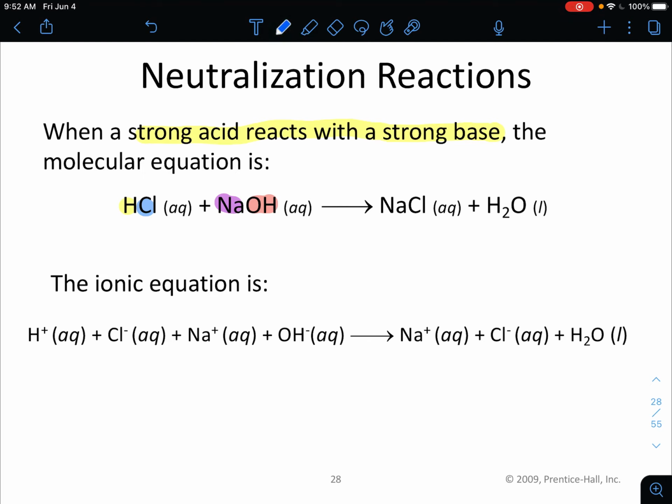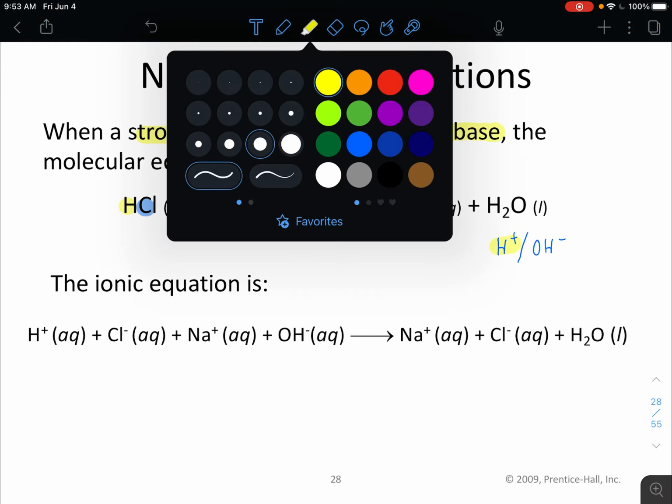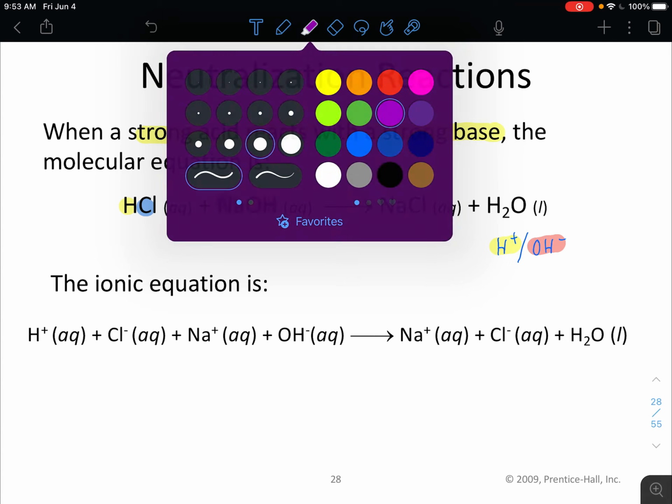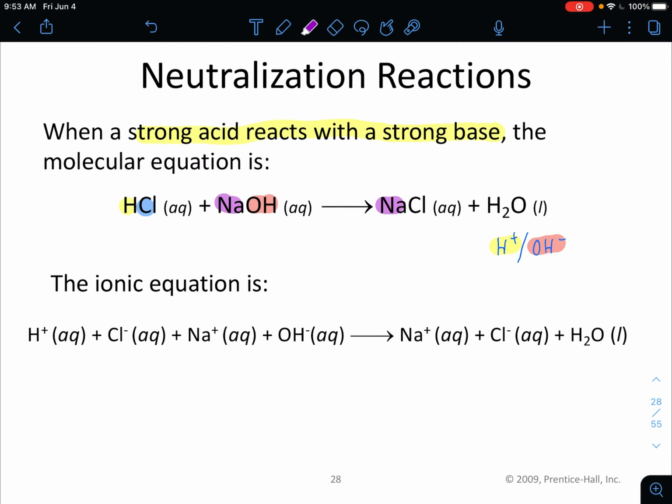When we think about what water really is, it's a combination of H+ and OH- ions. So effectively, the H for water is coming from hydrochloric acid, and the OH for water is coming from sodium hydroxide. And then meanwhile, the sodium chloride that's forming, that's just the leftovers, essentially.